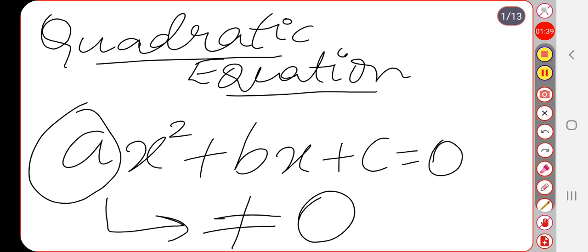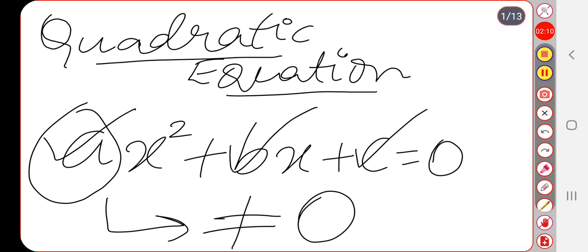Any equation in this form, where a, which is known as the coefficient of x square, is not equal to 0. Right. a, b and c are the constant terms.